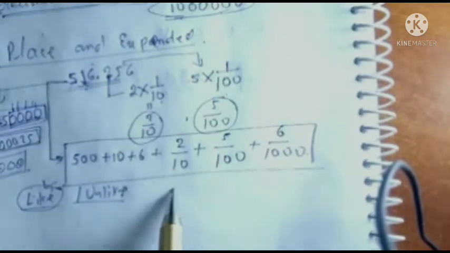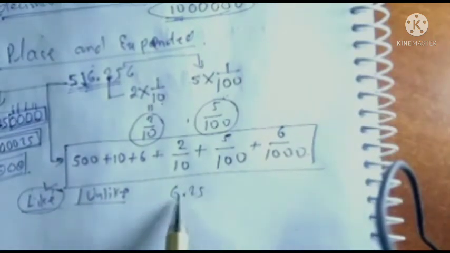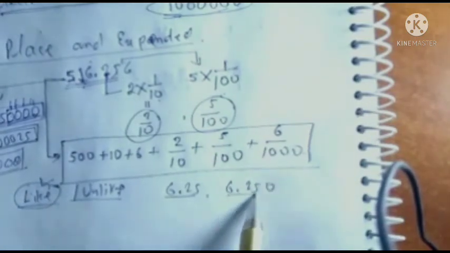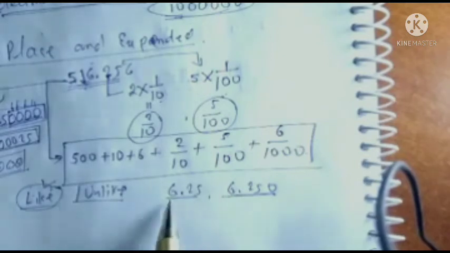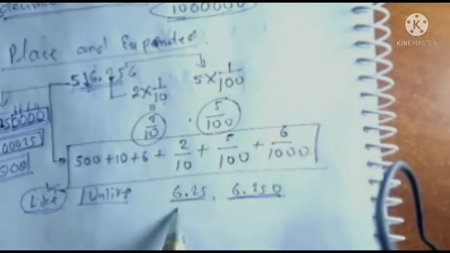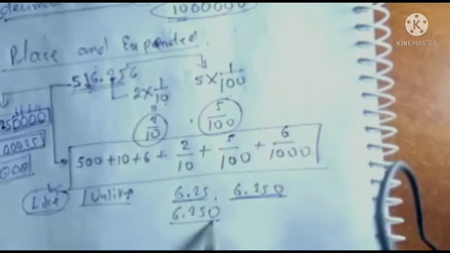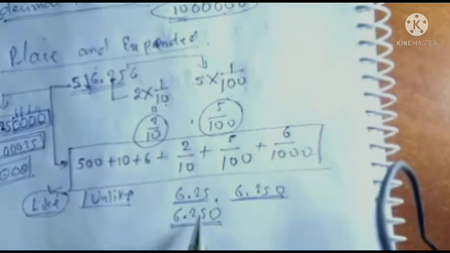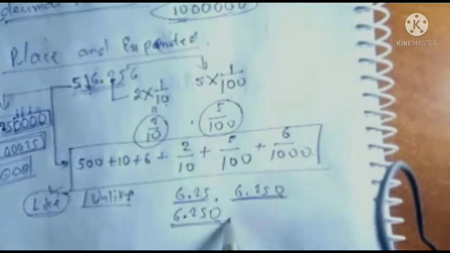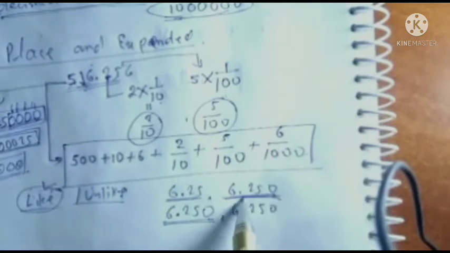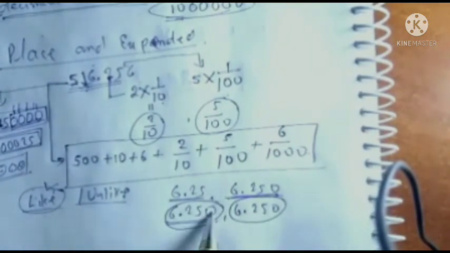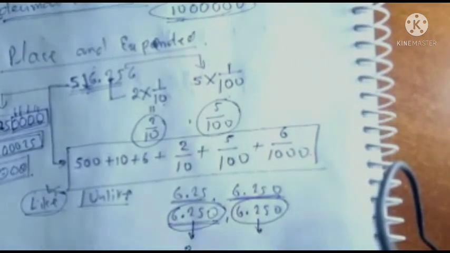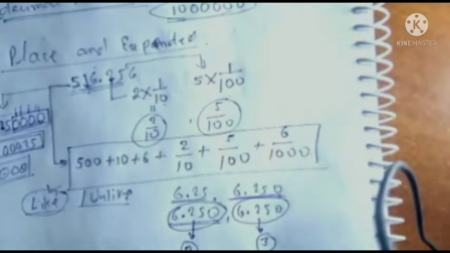Similarly for decimals, take 6.25 and 6.250. These two decimal numbers are unlike, but to convert them to like decimals we can simply place a 0 in the decimal part, because placing 0 after the decimal part causes no change. So this will be 6.250. Now both numbers have 3 decimal places.